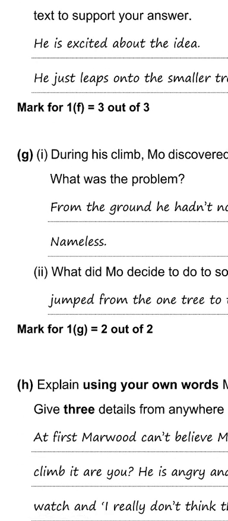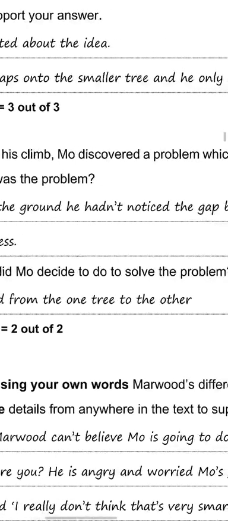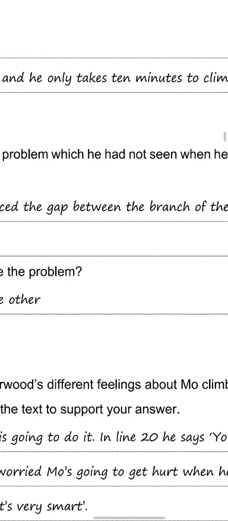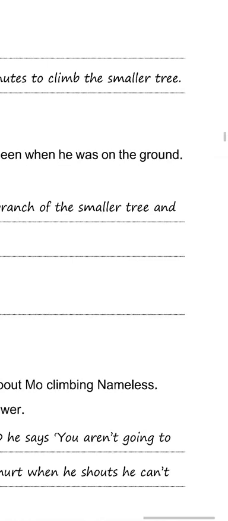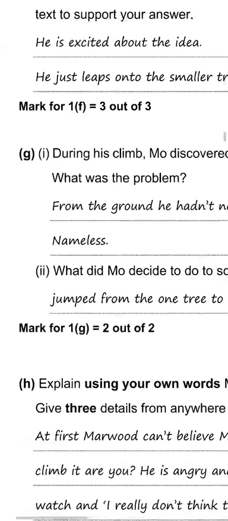Then G. During his climb, Mo discovered a problem which he had not seen when he was on the ground. What was the problem? From the word what, we can understand that this problem is mentioned there in the text, but maybe the problem is not written in those specific words.